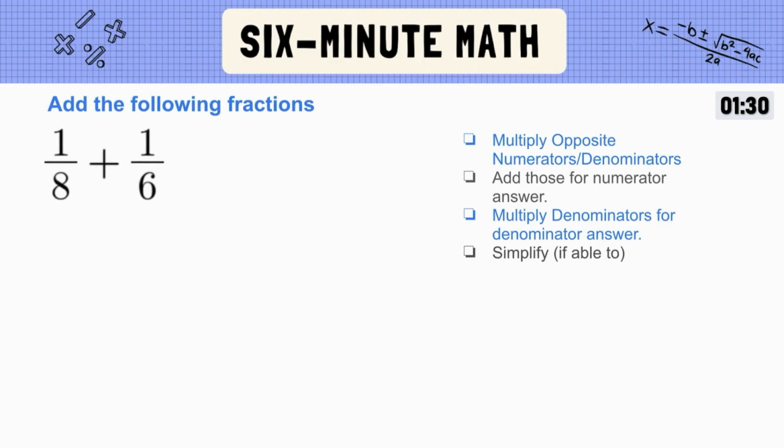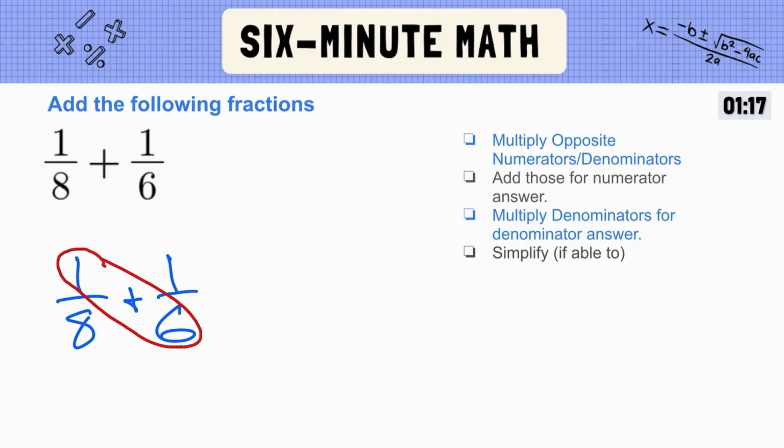Let's check out 1/8 plus 1/6. So I will again write that below, 1/8 plus 1/6. And then I have some simple multiplication on this one. 1 times 6 is 6. And 8 times 1 is 8. I add those together for 14.